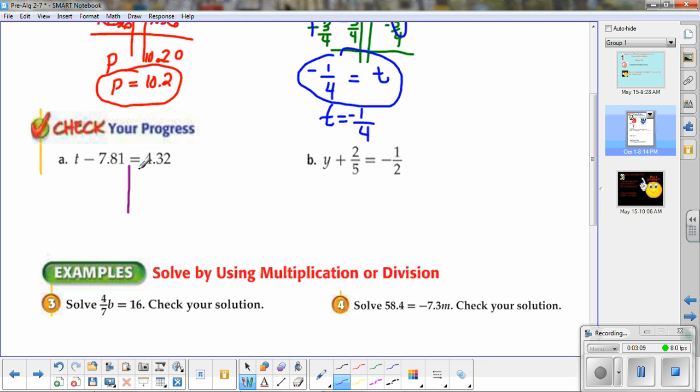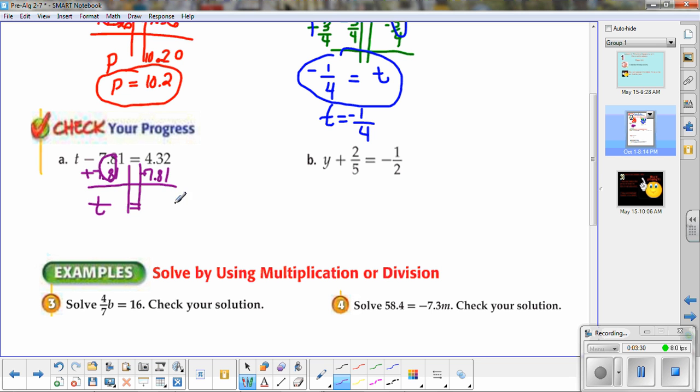Draw your train tracks. Instead of subtracting 7 and 81 hundredths from t, we're going to add 7 and 81 hundredths. Again, don't forget to line up your decimal point. On the left side, we're going to be left with just t.